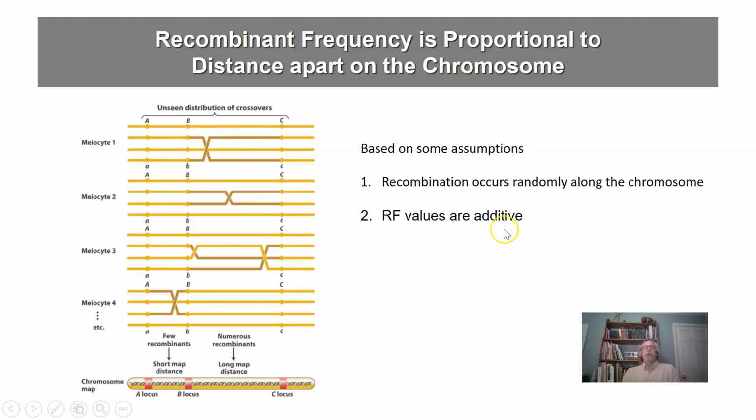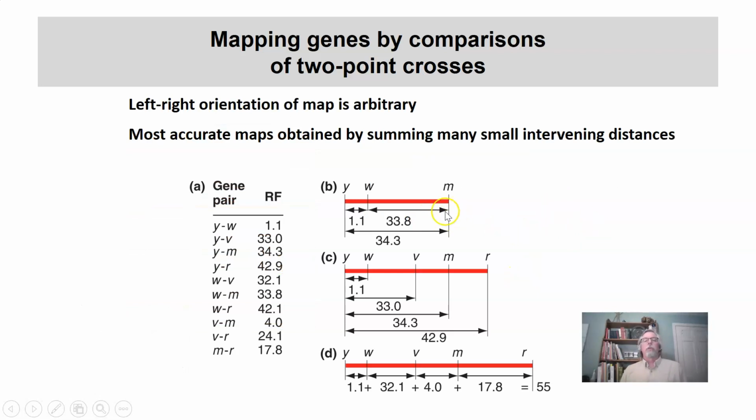The other thing that we're assuming is that the recombinant frequency values are additive, and that this map, in order to create orders, is going to rely on this additivity. So the additivity point is not exactly true, right?